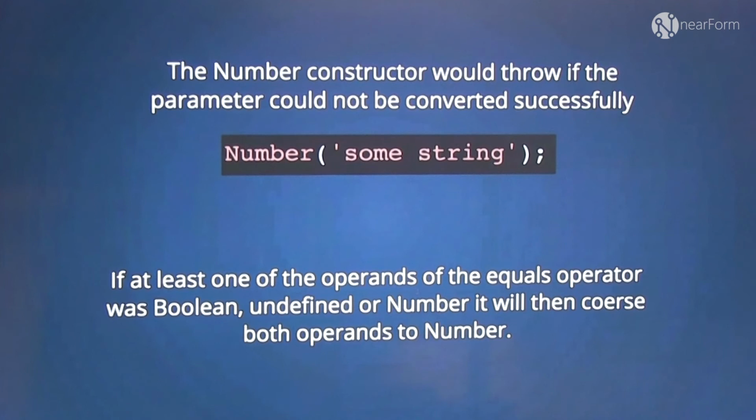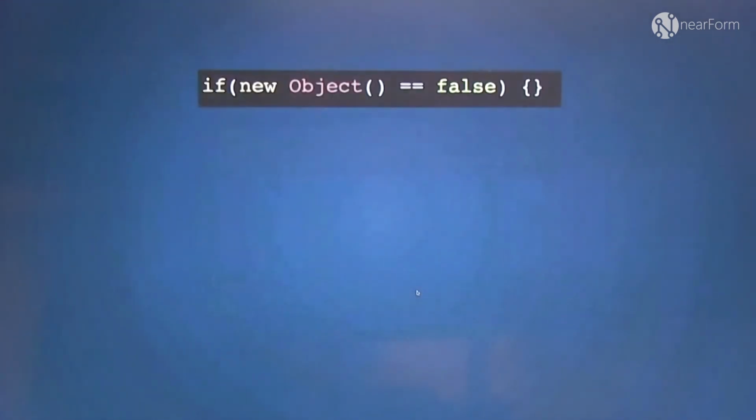Another thing was, if you were doing a comparison between two different values, and one of them was boolean, undefined, or number, it would coerce both operands to number. That means if you do something like this, you have a comparison with a new object. Remember, we didn't have object literals back then, so the only way to create a new object was using its constructor.